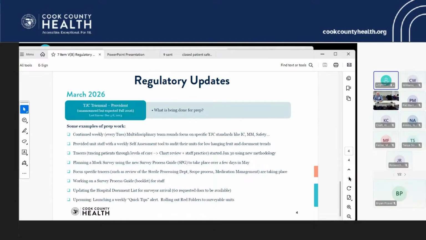When the surveyors walk through the door, roughly around 8 o'clock in the morning, especially day 1, they've got about 2.5 hours between when they present, set up their laptops, do a meet and greet, and the opening presentation, where units can then go to this folder and say, okay, what are some of the things we can do in that time window before they start running tracers to prepare? And obviously they can use those in days 2 and 2+ as well, because there is a window of opportunity between when surveyors present and when they actually run the tracers in the units. So that will roll out next week, and that's what I have right now.